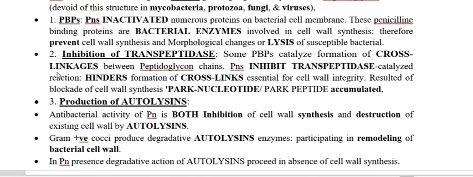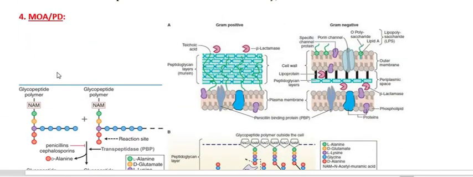What does it mean? You have to see the structure here. This is the cell wall of the gram-positive bacteria, and this is the cell wall of the gram-negative bacteria. In gram-positive bacteria, from here to here, this much thickness is peptidoglycan.